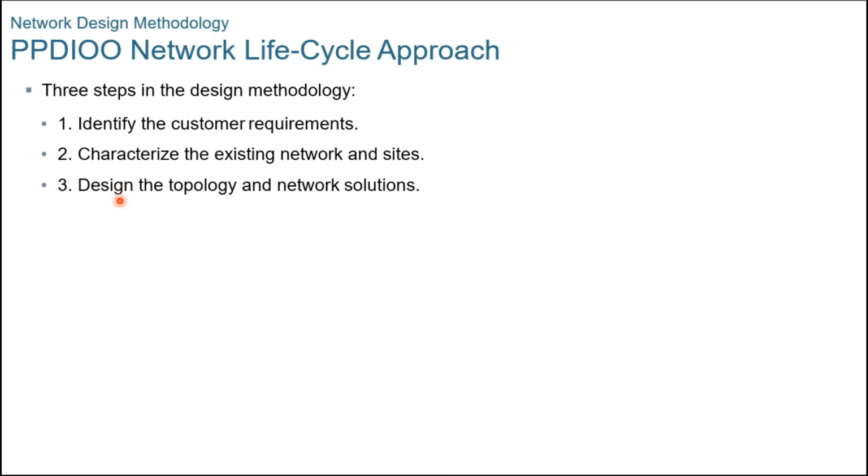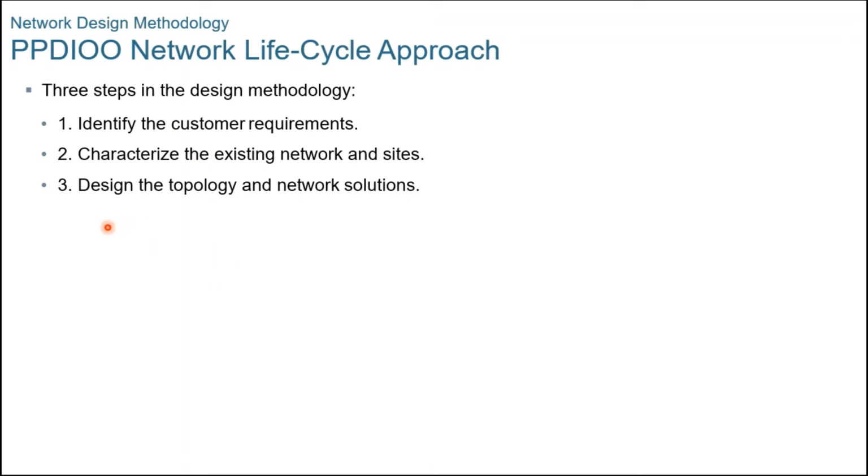Characterization of the existing network and sites includes site and network audit and network analysis. During the network audit, the existing network is thoroughly checked for integrity and quality. During the network analysis, network behavior like traffic, congestion, and so forth is analyzed.